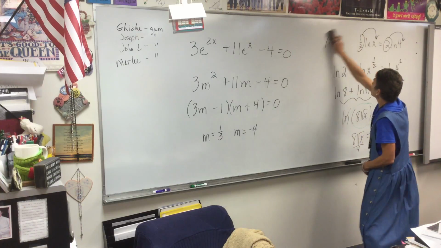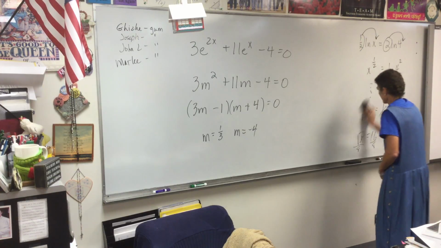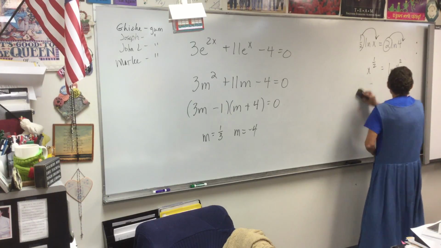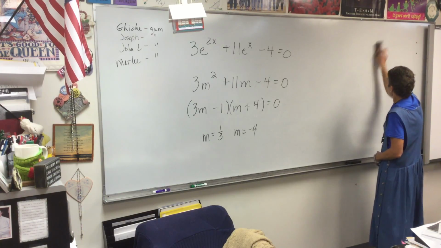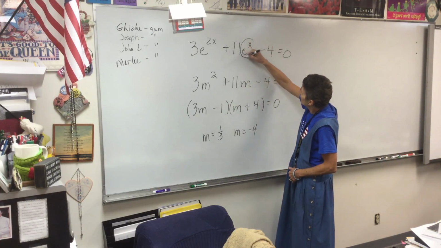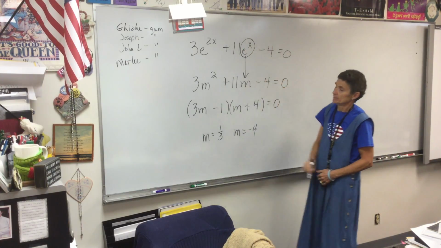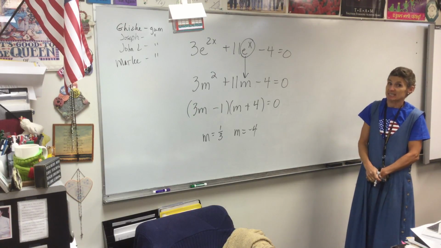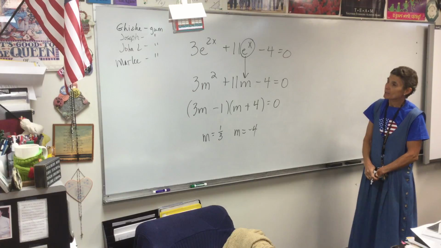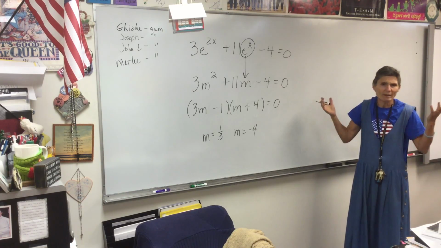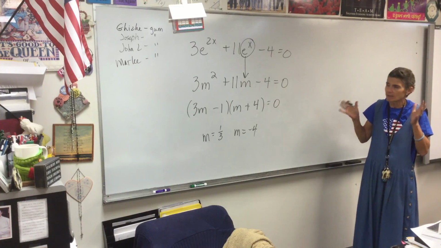Well, what I did when I rewrote my problem like this was I replaced e to the x with m. I said, okay, that e to the x is scary, so I'm going to think of that as a single letter, m, or a, or whatever letter you want, c, it doesn't matter, some letter.